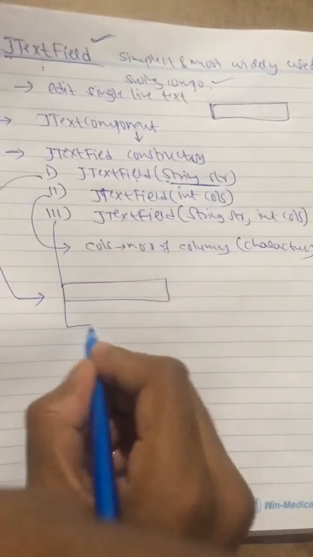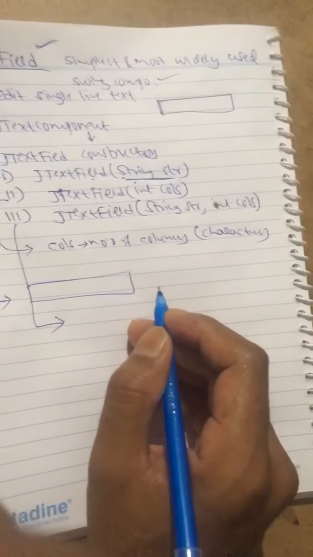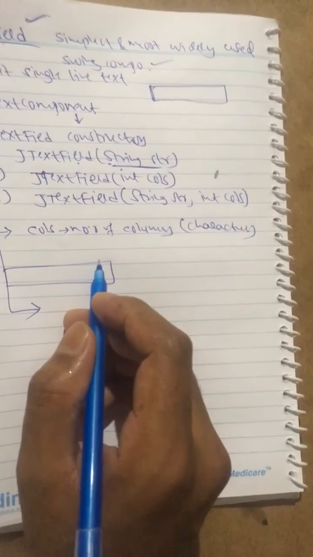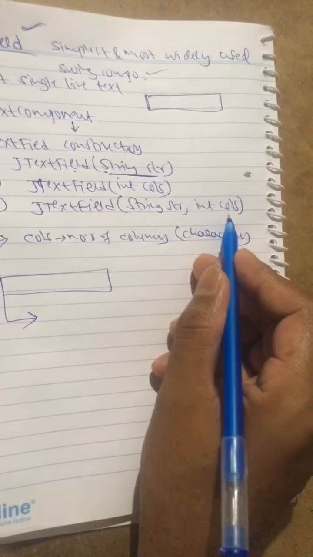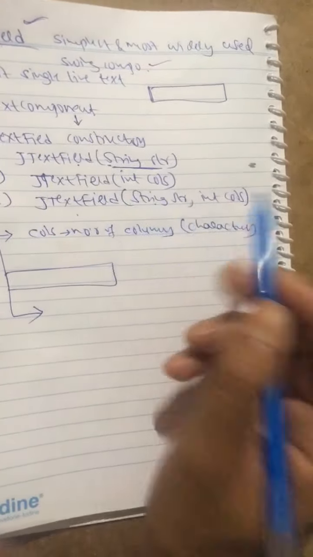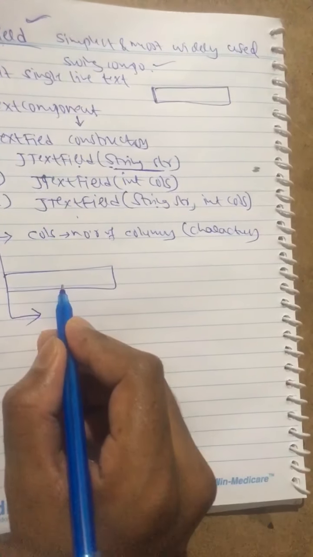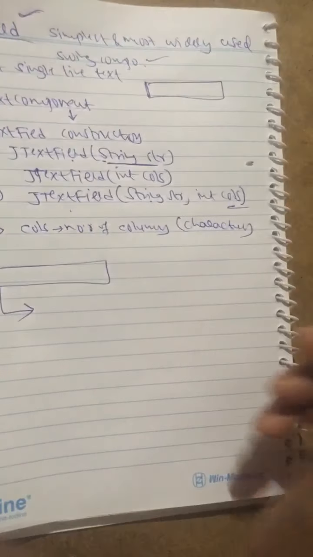Next, the third: JTextField(String str, int cols). This creates a predefined string in the text field with a particular number of columns.